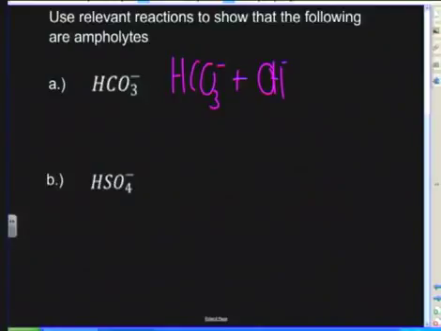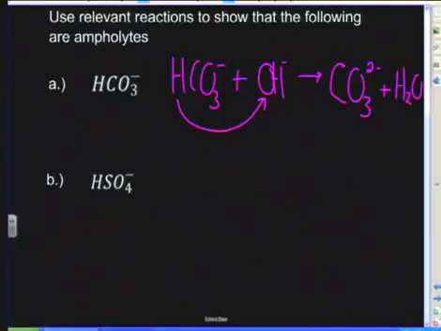I'm not concerned about that, which means this hydrogen is going to go to the OH minus ion. The OH minus ion is a base without a doubt. So we end up with CO3 2 minus and water. The OH minus desperately wants a hydrogen.